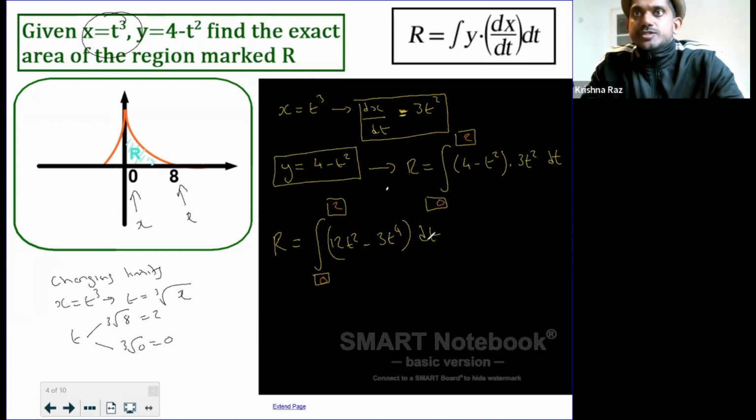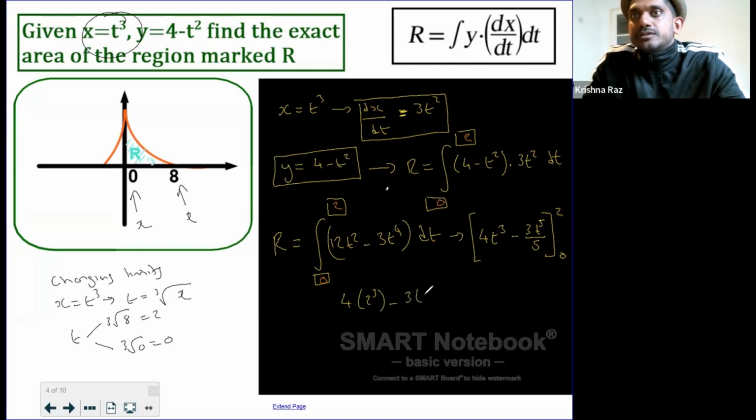This will integrate easily enough. We're going to have 12t cubed over 3, which will be 4t cubed, minus 3t to the 5 over 5, between the limits of 2 and 0. So we have 4 times 2 cubed minus 3 times 2 to the power 5 all over 5, take away 0.